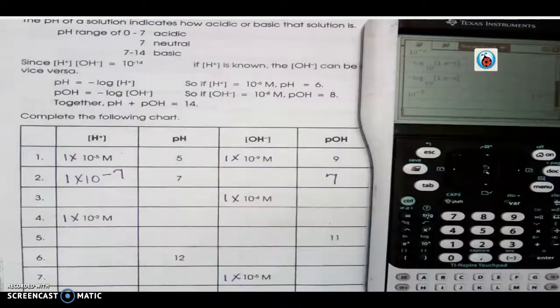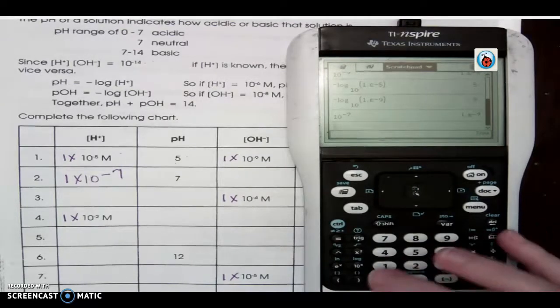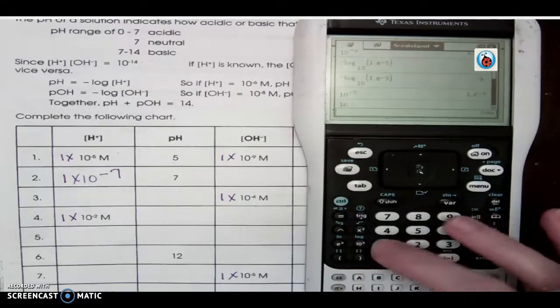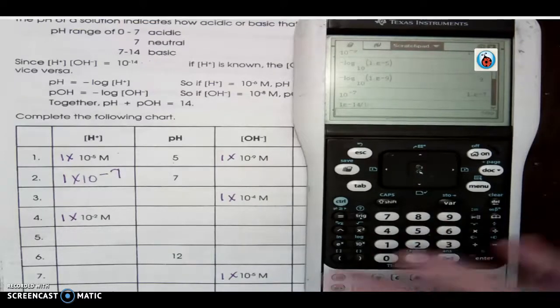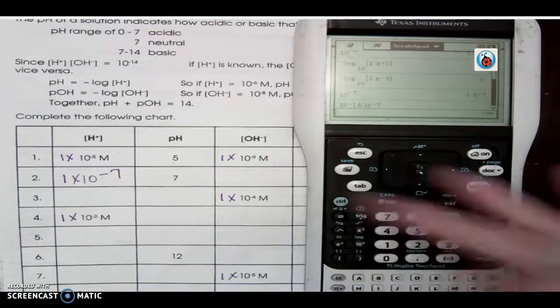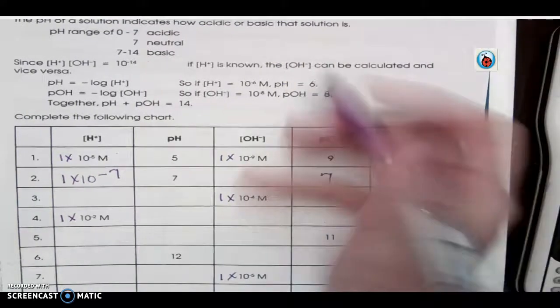Let's do that. You've got your calculator. Here we go. 1, the EE button, negative 14, and I'm going to divide that by 1 EE negative 7. Hit control enter again. What do I get? 1 times 10 to the negative 7.